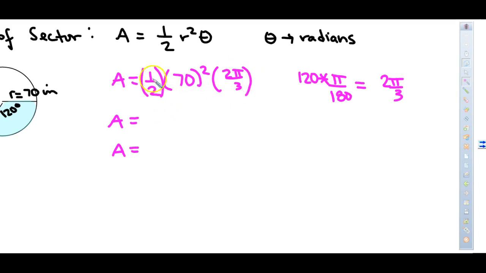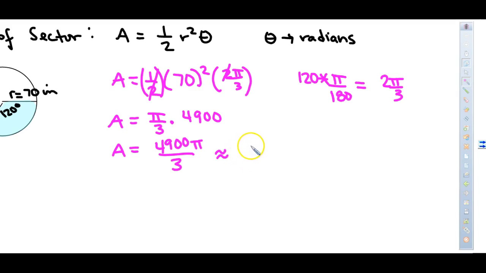Okay, I can still say 1/2 times 2 right there. So that would be pi over 3 times 4,900. I can still do that part, which is the same thing as 4,900 over 3. 4,900 pi over 3. I would leave it like that if I didn't have a calculator.